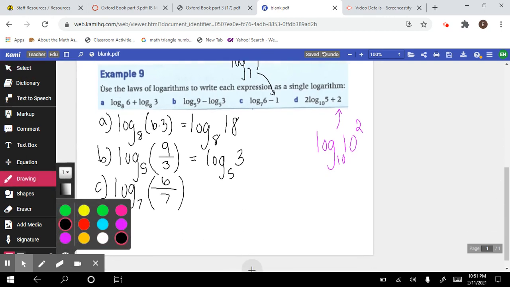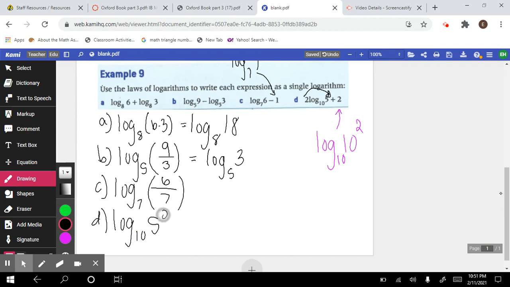We have the 2 in the front, which used to be a power on that 5. So I'm going to change that first. The power is going to go back up to the 5. Okay. And then I'm also going to rewrite the back as log base 10 of 10 squared.